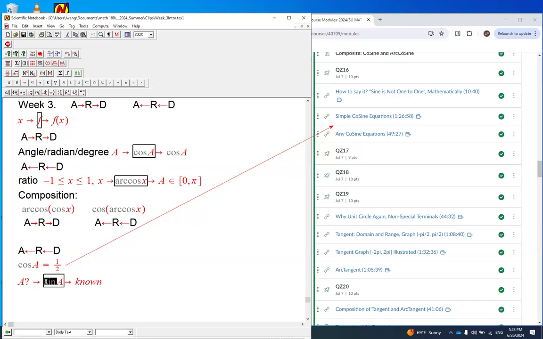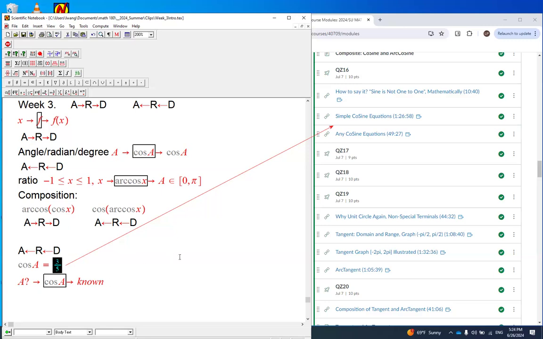So we know the output and are looking for the input. The output is known. It could be something else, right? It could be 3/5. So there's a simple cosine equation or any cosine equation. When this is any ratio, how do we solve it? That's D to A.